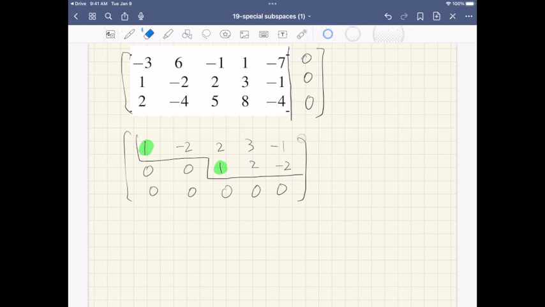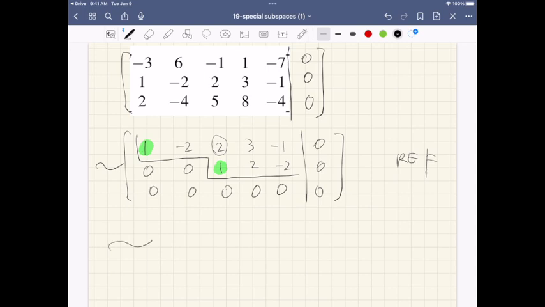This is REF, but this entry must be killed to become reduced REF. To do that, we only need to replace R1 by this operation.